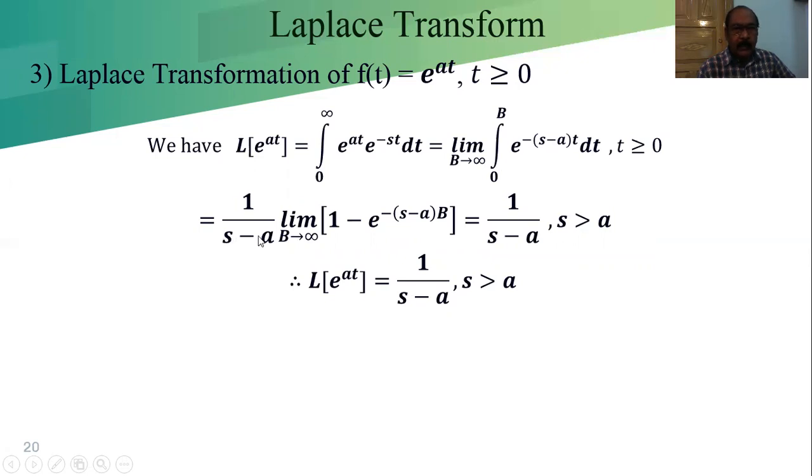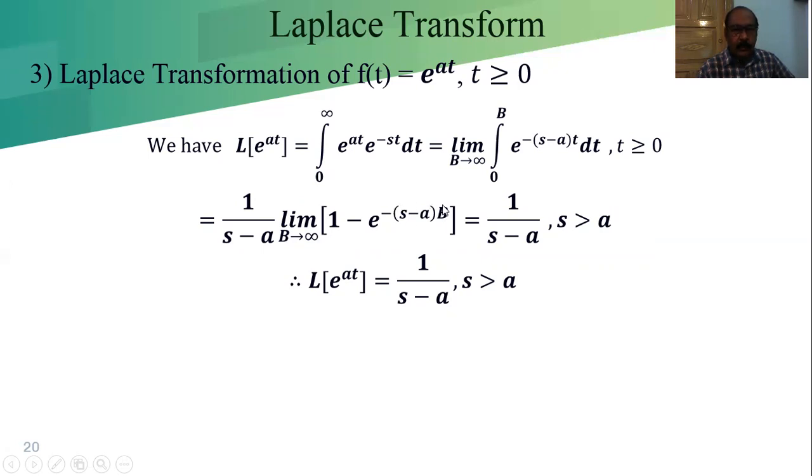So 1 by s minus a, and the limit: the minus is there and we change the minus here, so one minus from here and another minus cancel out. So limit b tends to infinity, 1 minus e to the power minus (s minus a) b.